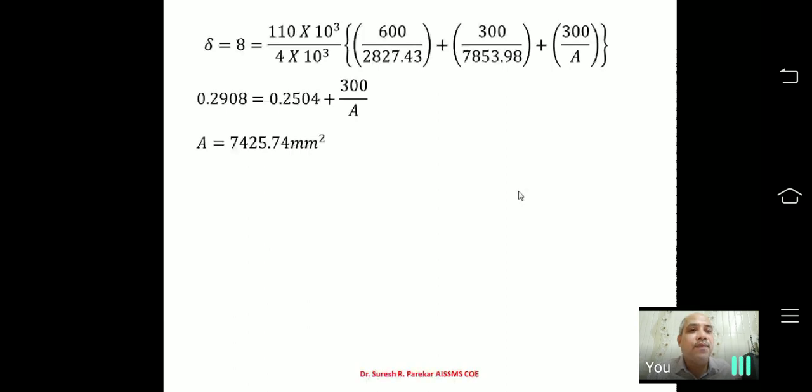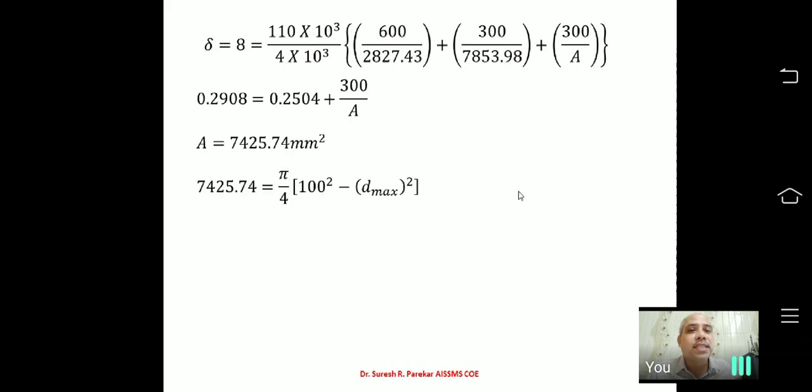This is the area required in portion AD. We have the area of AD as 7853.98. You can see below 300, whatever area, that area is of BD, which is pi by 4 into 100 square. So now we are interested to make a hole in such a way that my shortening should be maximum 8 millimeter. So for that, how much area do I require? 7425.7. Available area we have 7853.98.